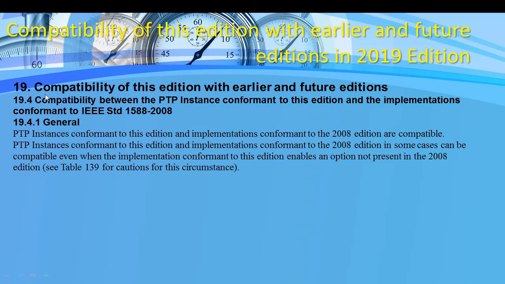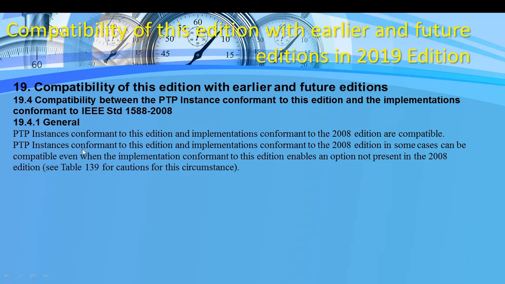The chapter 19 compatibility of this version with earlier and future versions, regarding the 2008 version. The PTP instance conformant to this edition and the implementation conformant to the 2008 edition are compatible.